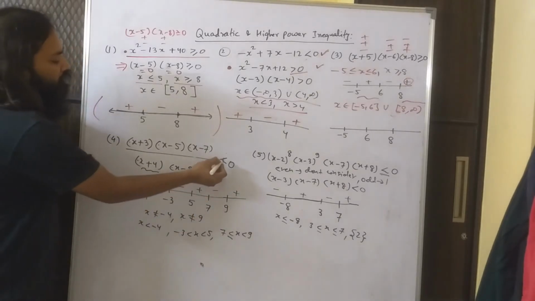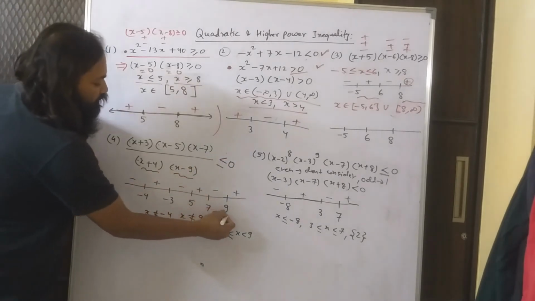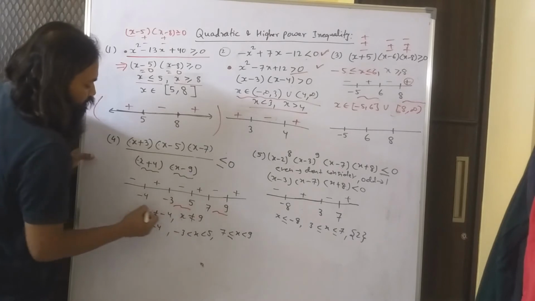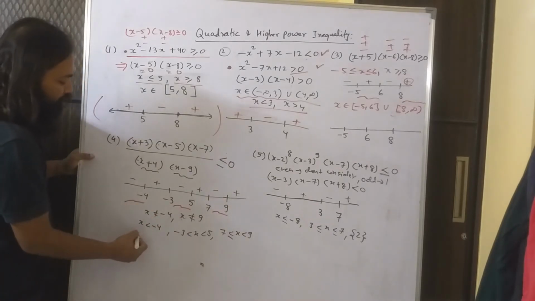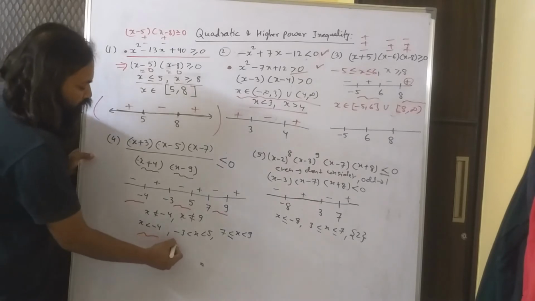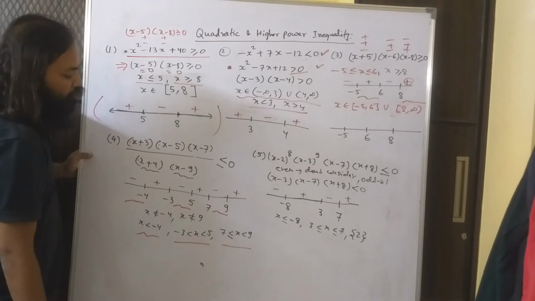And then I want the sign to be less than or equal to 0. So this is an important region for me, this one and this one. That is why I have written x is less than minus 4, this and this, x is between minus 3 and 5 and x is more than 9.